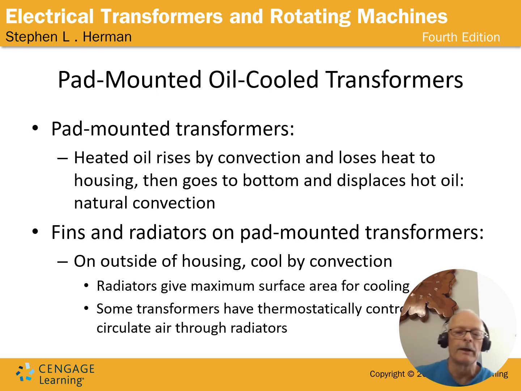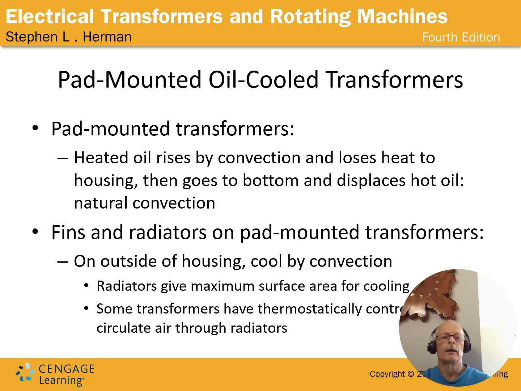Now, if they have fins and radiators on these things, they cool by convection. They take the heat away in the same way we've already been talking about. And radiators will give the maximum surface area for cooling, so that transformer at its rated power can operate.